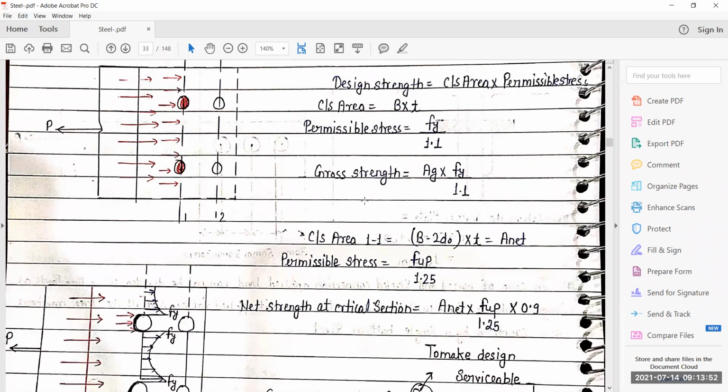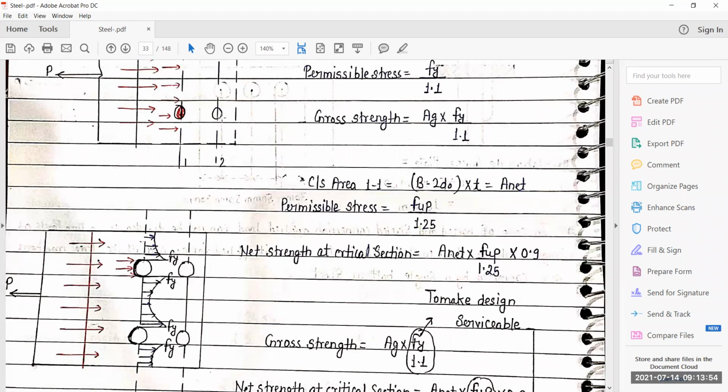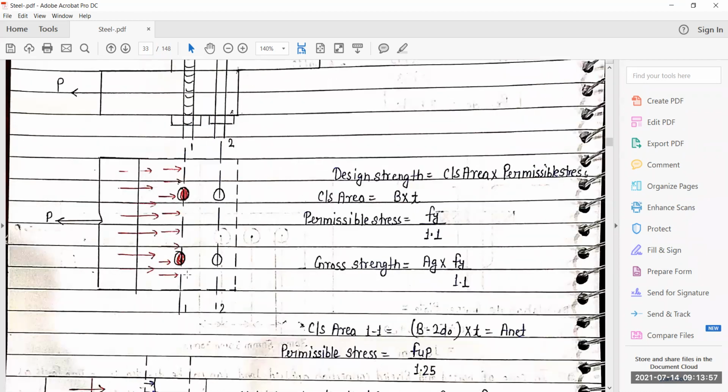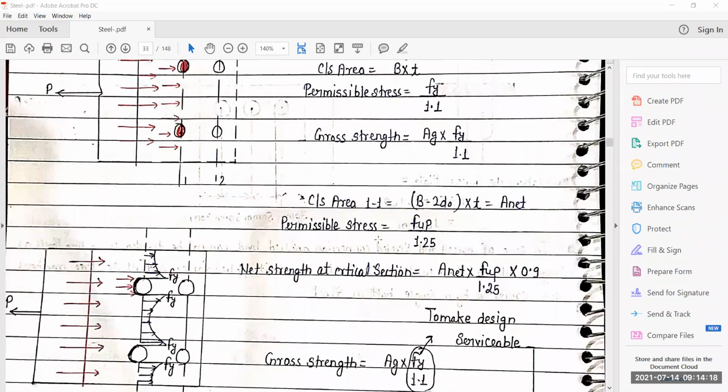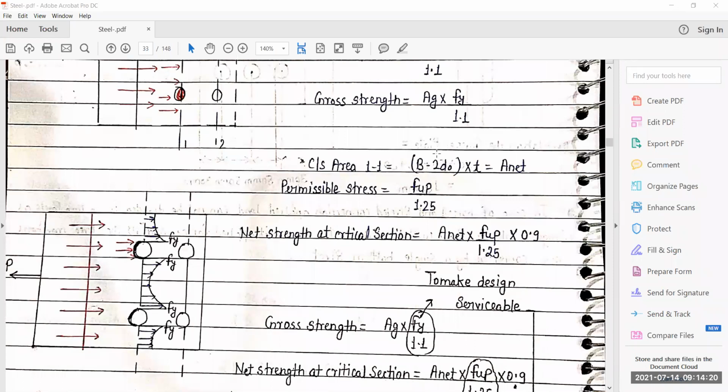This is a gusset plate. The cross-section area of section 1-1 is seen in the image. This is section 1-1 and section 2-2. For section 1-1, you see B minus 2 d0 into T is equal to A net.